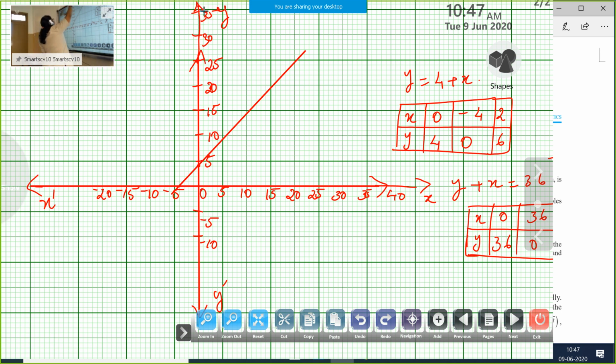This is our 36. Then y equal to 0, x is equal to 36.